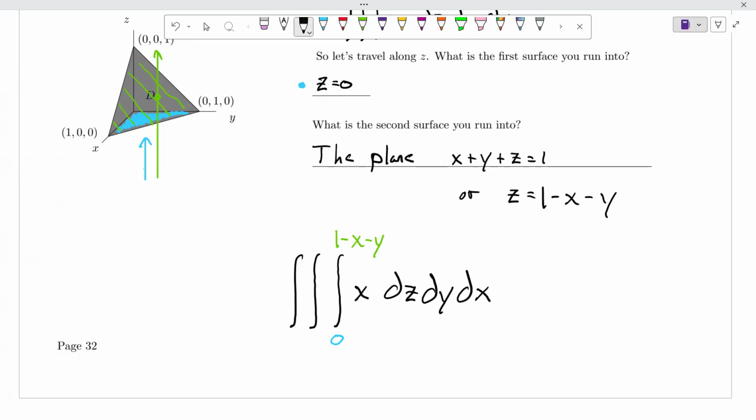Just like we looked at in double integrals, the limits of integration for whatever variable ought to take the form of blank equals some function, where that blank is the variable I'm integrating over. In this case, they should all take the form z equals something. So z equals 0 and z equals 1 minus x minus y.